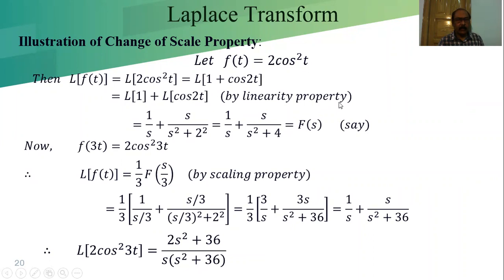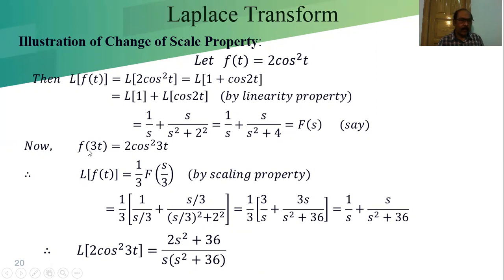So Laplace transformation of 1, we know 1 by s. Laplace transformation of cos 2t, we know s by s square plus 2 square coefficient of t. Then we can write 1 by s plus s by s square plus 4. That is we are considering as fs, say.